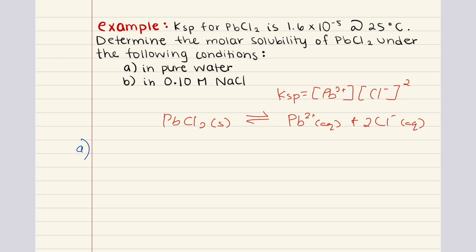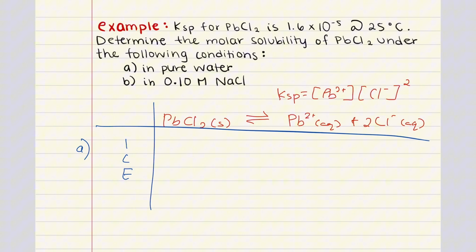Now we can start with part A. In pure water, there are no common ions present initially. So we can obtain the molar solubility by using an ICE table, where I stands for initial, C for change, E for equilibrium. Now, when we're starting off, we just have lead(II) chloride. It hasn't dissolved yet, so our initial concentration for our ions is 0.